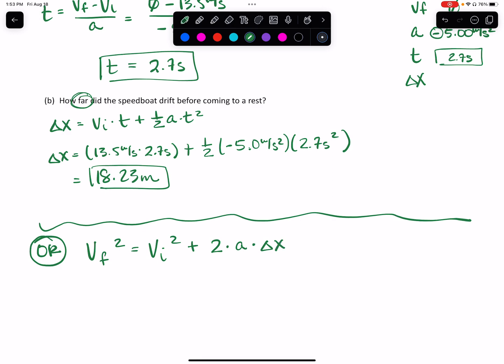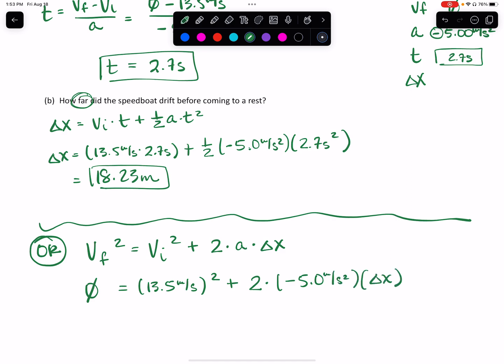This one's actually a little easier because you don't even need time. We know the final velocity is 0. We know the initial velocity is 13.5 meters per second, and we're going to square that. And then we have 2 times our acceleration of negative 5 meters per second squared times our unknown, delta x.